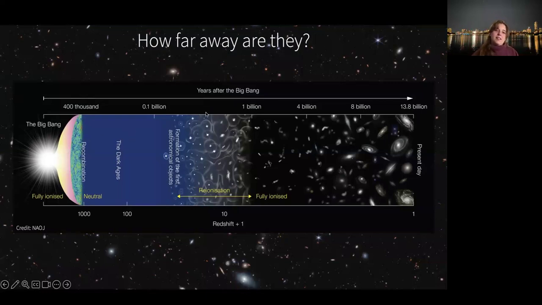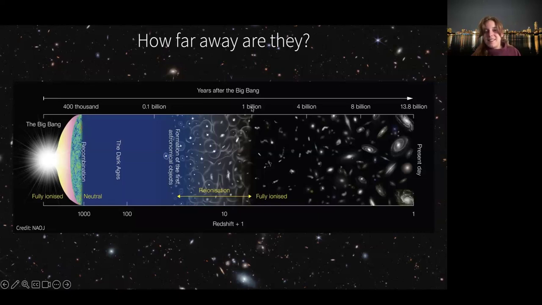I don't want to dwell on this for too long, but the thing I want to draw attention to is that the time axis on the top is not linear, right? Right now we're at an age of the universe of around 13.8 billion years, or roughly 14 billion years. But 1 billion years is over here. So there's actually a lot of things that happened in the first billion years.